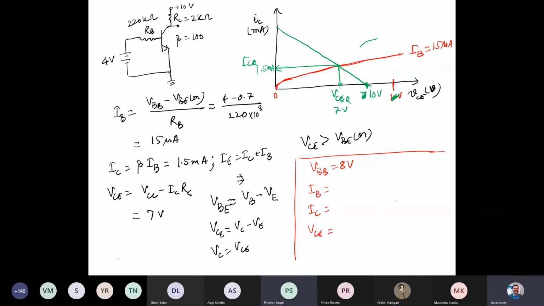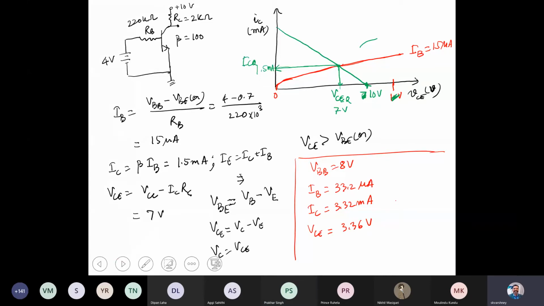So IB is equal to 33.2 microampere, IC is 3.32 milliampere, and VCE is 3.36 volt. Right? This is okay.